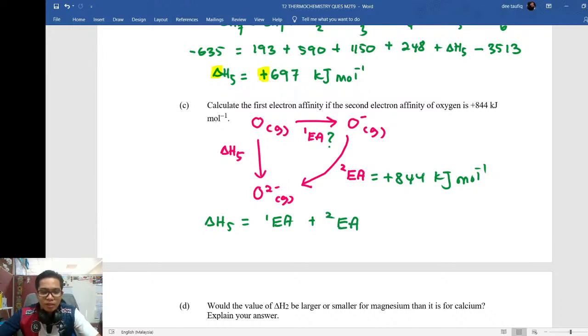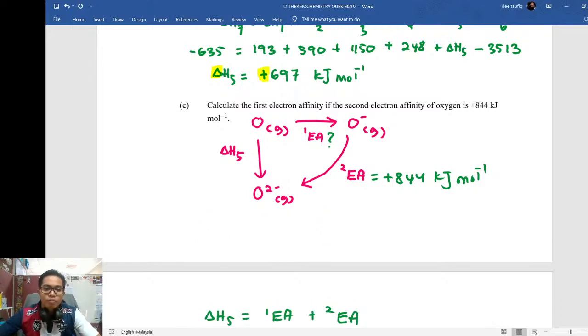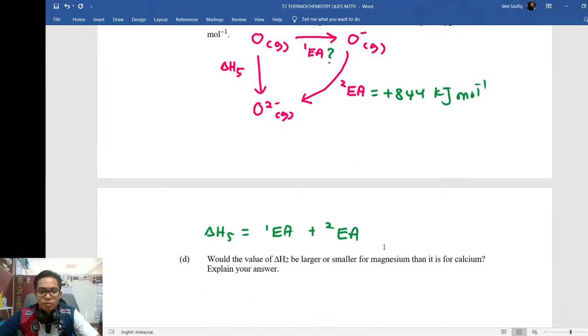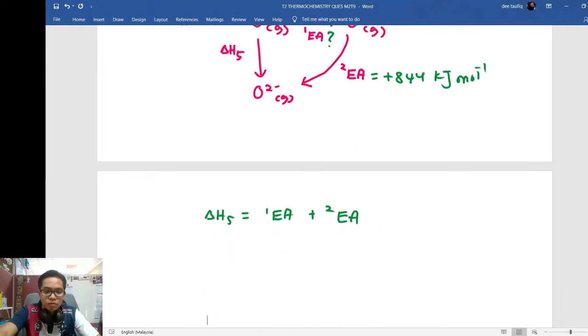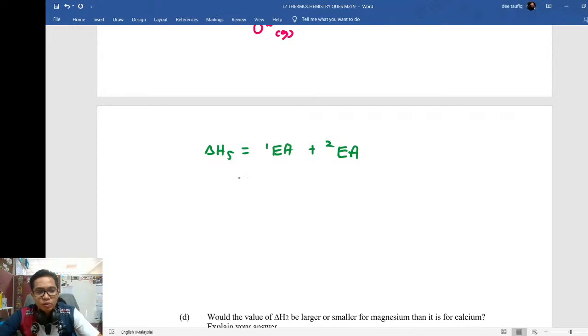Oh, it does not fit, so I will move down. Delta H5 we calculated just now, positive 697, is equal to the first EA that we want to find, plus the second EA given in the question, positive 844.